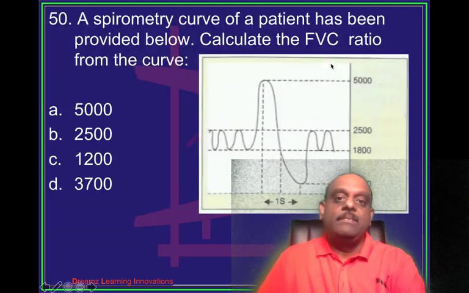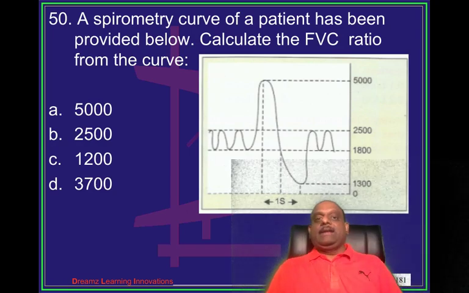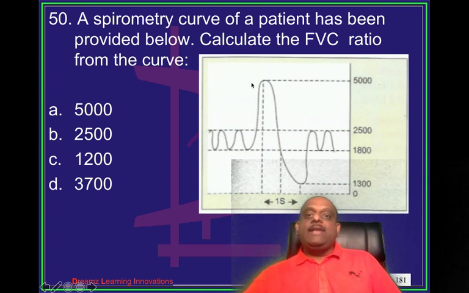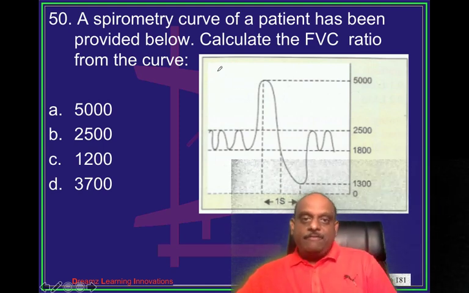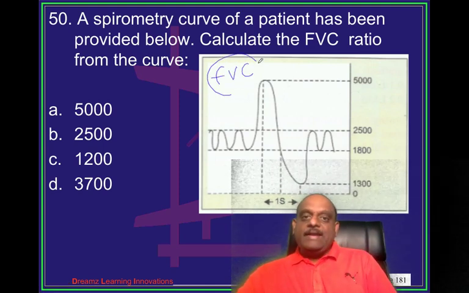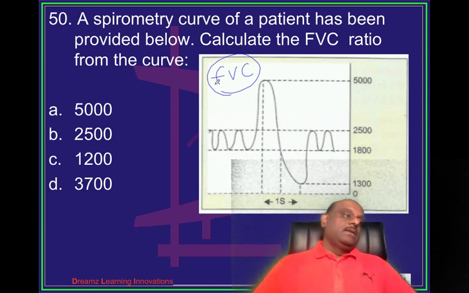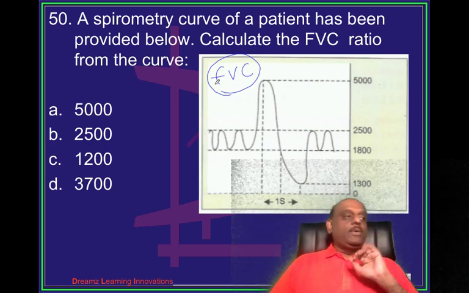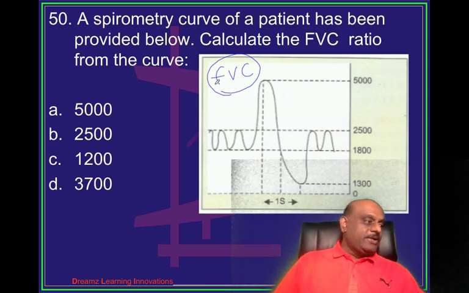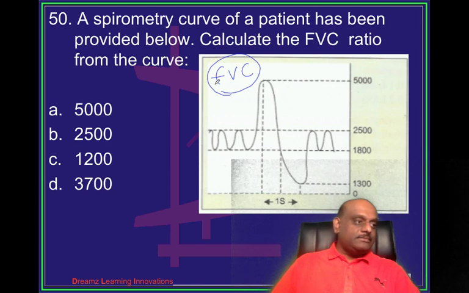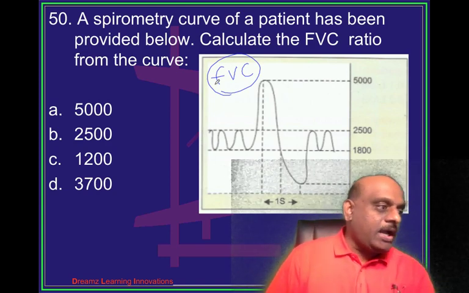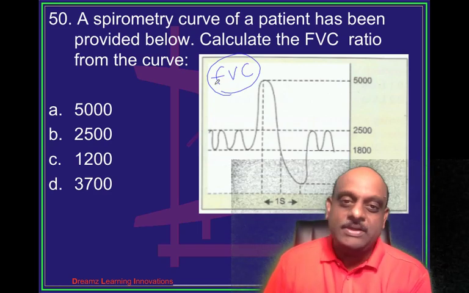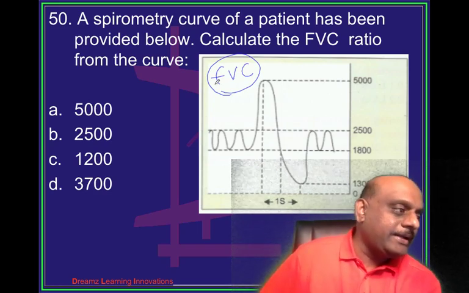Now doc, a spirometry has been done. You calculate the FVC value. Only one thing. FVC kitna hai in this. You have to give an answer. Should you answer, doc? Anurag Chaudhary, welcome. Late but latest, no worries. But please give an answer, Anurag.